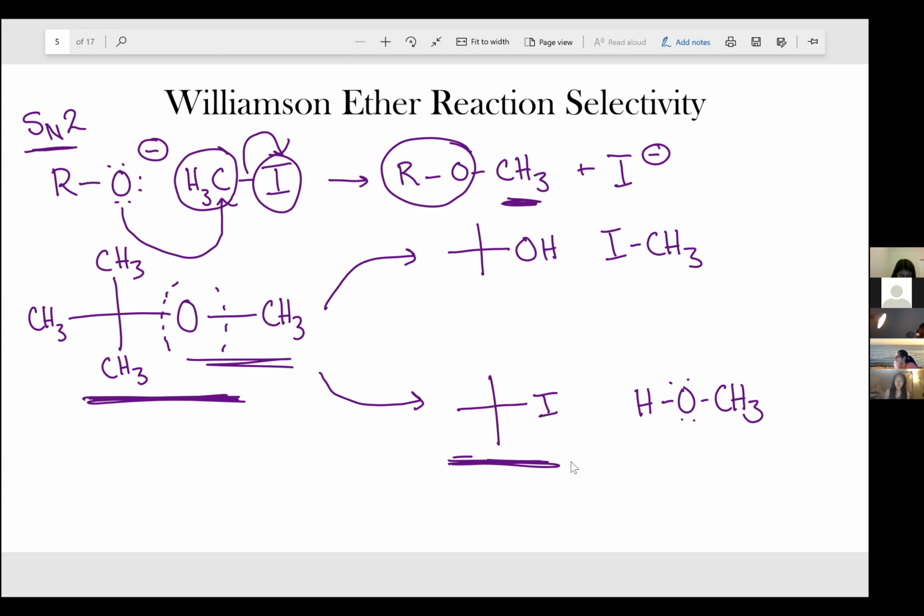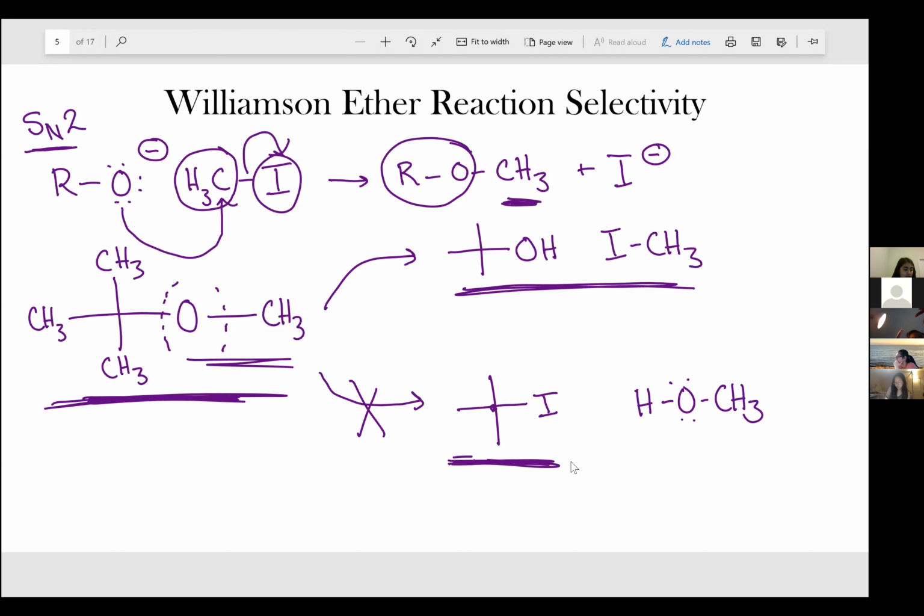Trying to do that SN2 attack on a tertiary alkyl halide has so much steric hindrance that we actually won't see that product form. There's no way that we can put these two things together and end up with this product. And so this is the way that you would get that product.